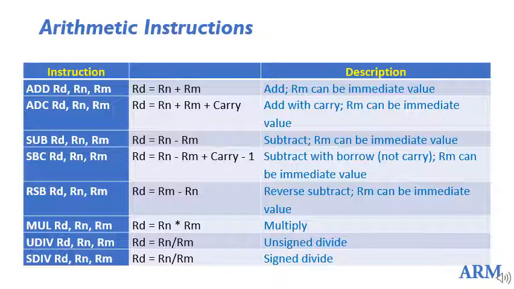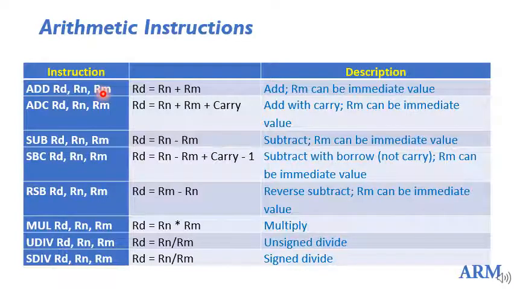The basic instructions under the data processing category are the arithmetic instructions. So arithmetic operations are add, subtract, multiply and divide. We'll see instructions for these operations one by one. The first instruction is ADD Rd, Rn, Rm. As you know, the first operand is the destination operand, and the next two operands are the source operands.